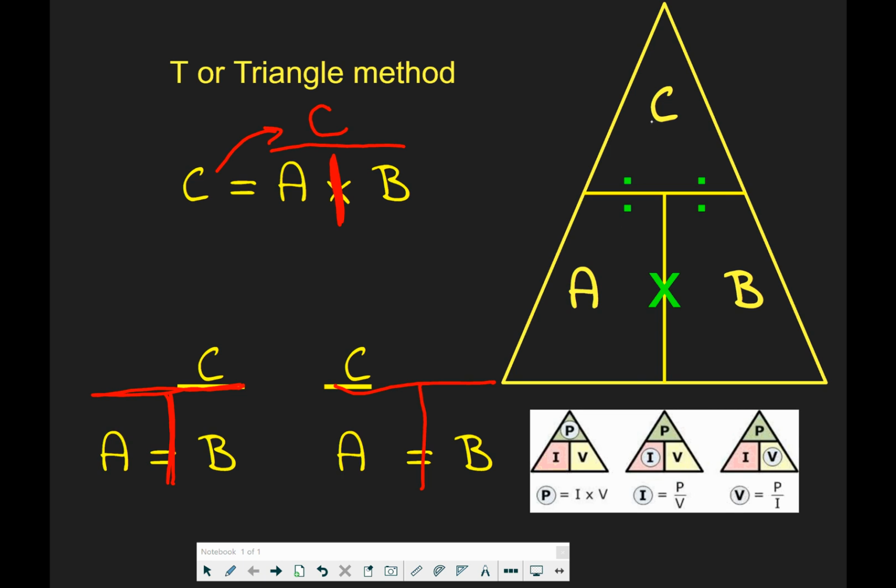You put C in the calculator divided by A equals B. Now you've got C and B, you're going to put C in the calculator first, divided by B in the calculator second, then push equals, and that's going to give you A. I know this sounds really weird right now, but I will show you how it works.